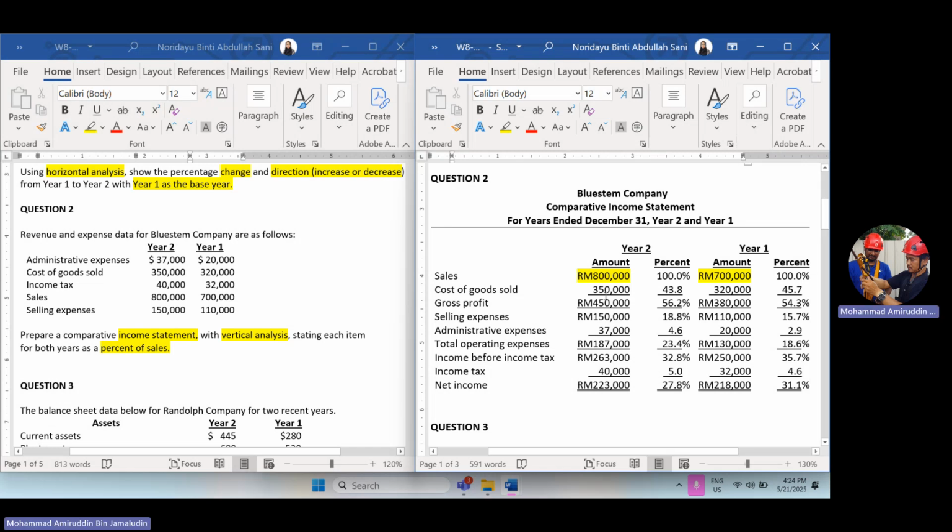So let's say I take this COGS, 350 over 800,000, 43.8%. In the exam, because I'm the one who will mark your paper, if you have an answer with decimal points, round your answers to 2 decimal points.